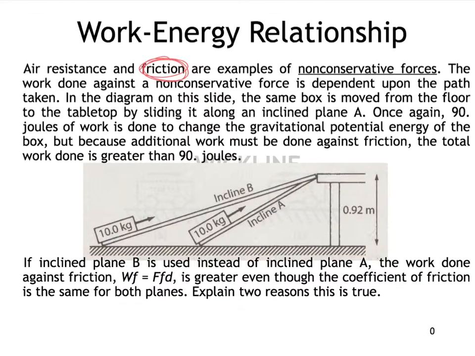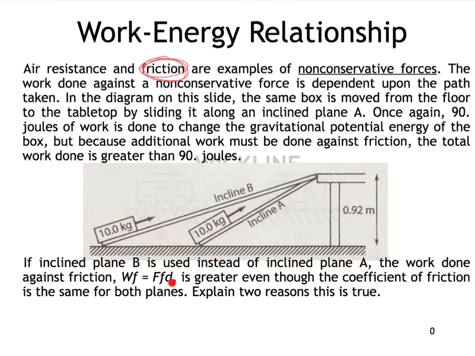So there are two reasons I could state that make that true. As you move along incline B, you have a different scenario than along incline A because incline B is longer, right? The work that's done against friction is equal to the frictional force multiplied by distance.